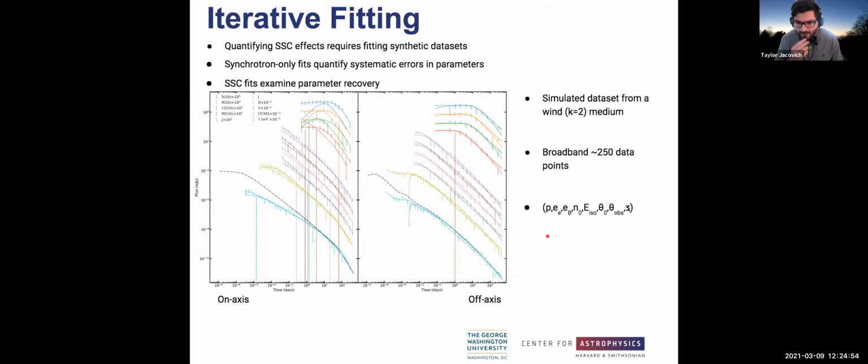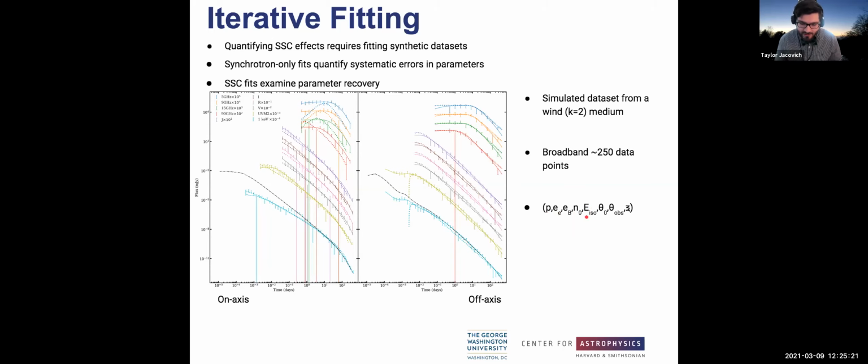Yeah. Okay. Here, and I'll just run through these quickly. So we have the initial electron power law index, the fraction of the energy that's in the electrons, the fraction of E iso that's in the electrons, the fraction of the energy that's in the magnetic field, the circumburst density. In the case of a wind medium, this is set at 10 to the 17 centimeters, so the density at that distance from your central engine.